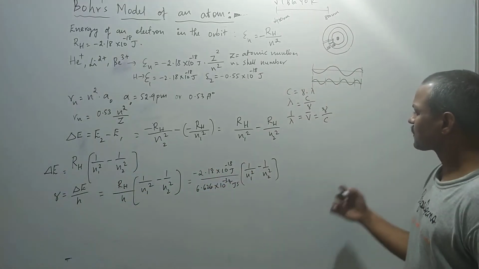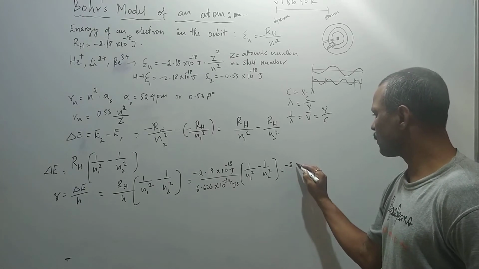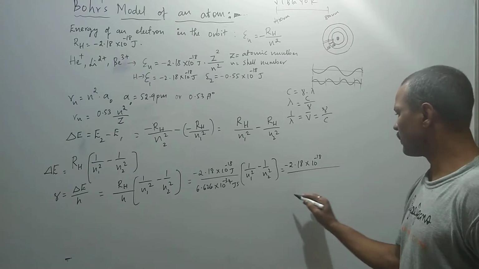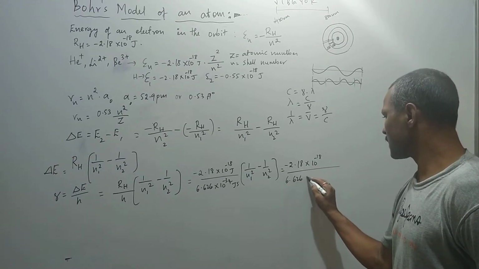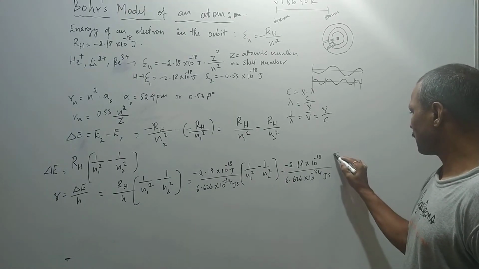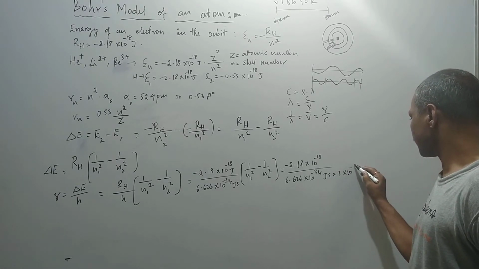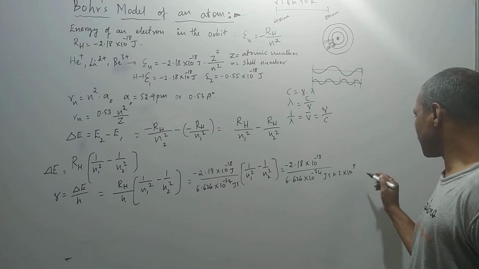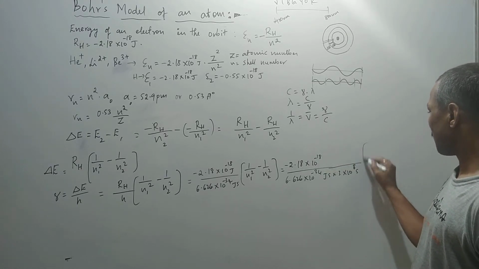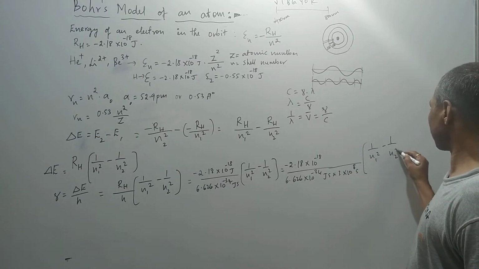To this value I should add minus 2.18 into 10 to the power minus 18 divided by 6.626 into 10 to the power minus 34 joule second, into the value C, velocity of light, upon 1 by n1 square minus 1 by n2 square.